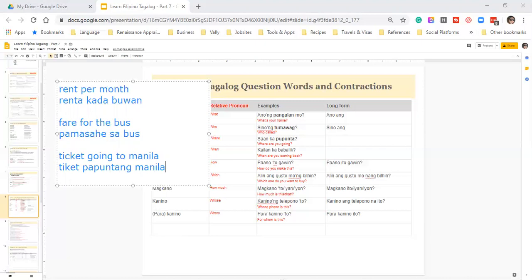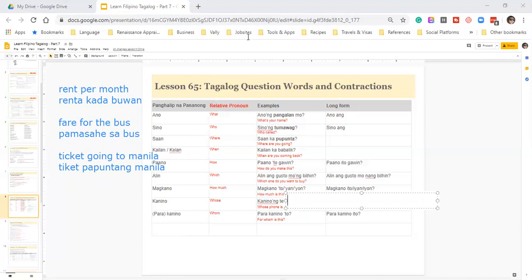All right. Now you're going to ask the same way. It's like we're going to ask, just like in English, whose property is this? So you get whatever you want to ask. You can replace the word telepono. Ask anything, replacing the word telepono. Kaninong laptop ito?